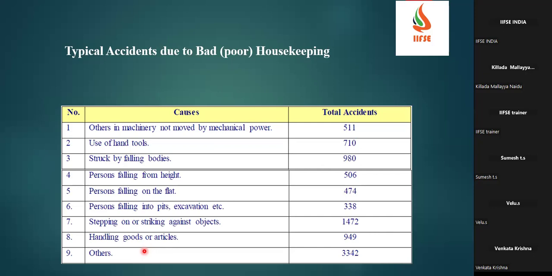So housekeeping, don't understand it in another way. Housekeeping is not only about cleaning or sweeping. It is all about how you are managing your things. Another way of saying housekeeping is 5S: how you are sorting your material, how you are keeping your material, how you are maintaining your material, and how you are keeping it back, which means how you are sustaining that process.